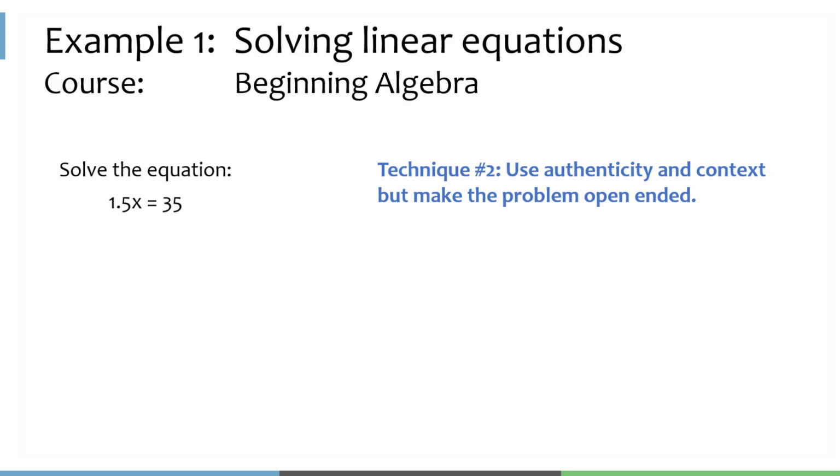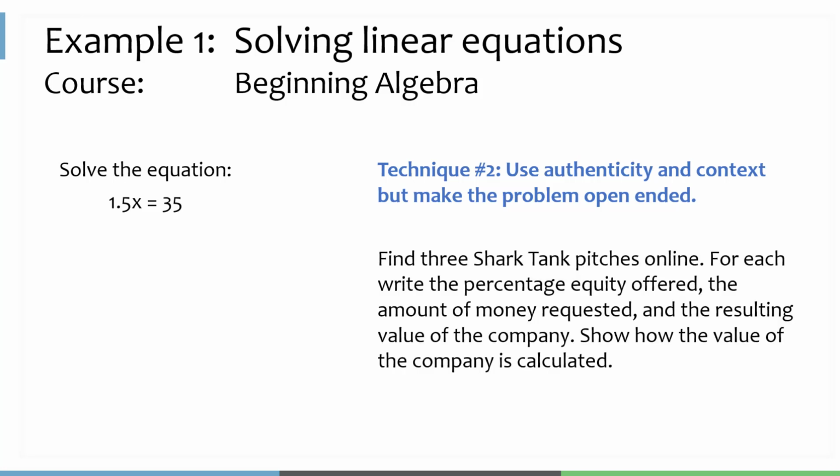Another technique is that you can, again, use authenticity and context, but not make it a closed problem with one solution, but instead an open-ended problem that can have multiple right answers. This is a technique I use often. In this case, we could say, find 3 Shark Tank pitches online. For each, write the percentage equity offered, the amount of money requested, and the resulting value of the company.